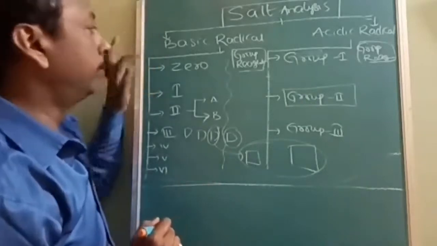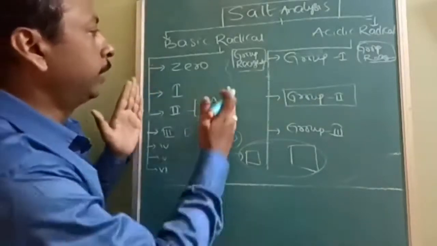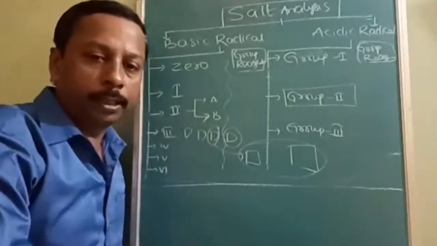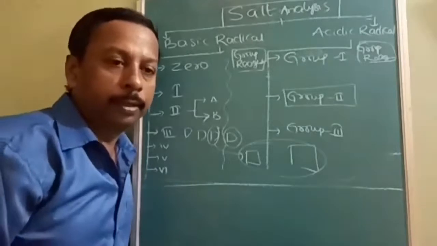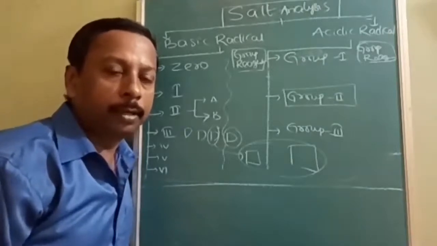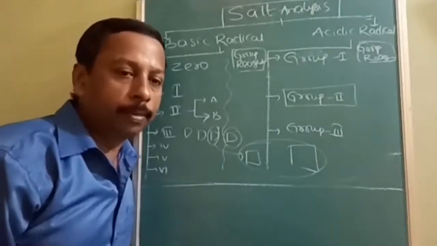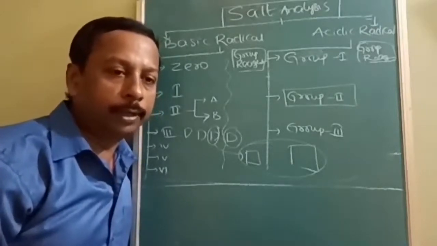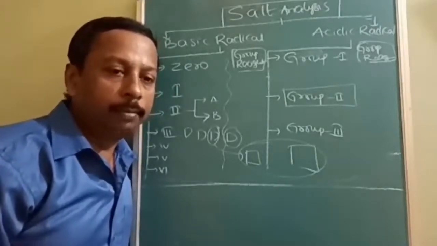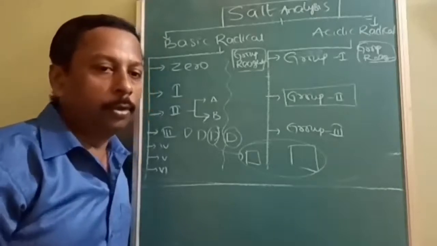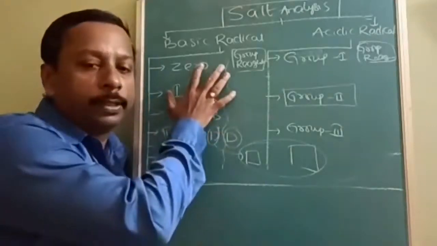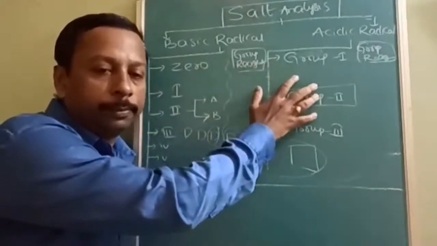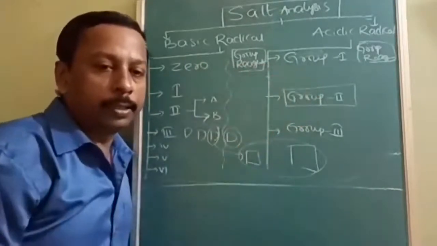Basic radicals are further divided, as the number of basic radicals is very high. Most cations are made up of metals, and 70 to 75% of the elements are metals only. So you will find more basic radicals, and only 25 to 30% non-metals are acidic radicals.